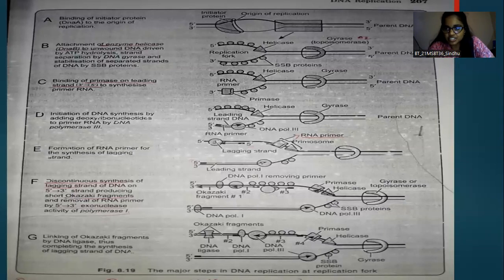There are three steps through which the process of replication is initiated. The first one is initiation. In eukaryotes, DNA replication is initiated at a specific site known as ARS, that is autonomous replicating sequences.